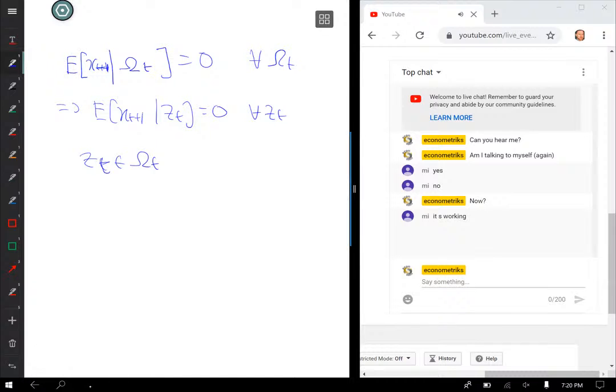So this is the result, and it follows by the law of iterated expectations. This holds for all values of the information set in the past, which includes zt and everything else. So we can take conditional expectations on both sides of this and get E of E of xt plus 1 given omega t.